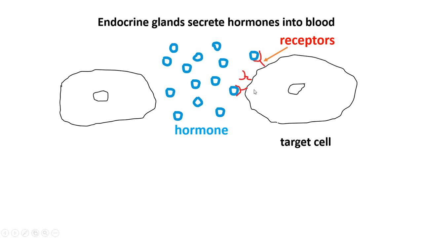So endocrine disorders can come from having too little hormone or no hormone, missing hormone, or missing receptors. In lecture, we'll be talking about some disorders where hormones are overproduced and their presence leads to overstimulation. That's another set of disorders.